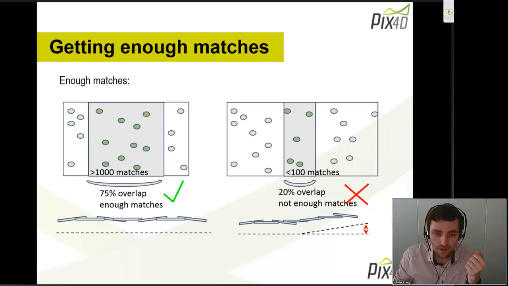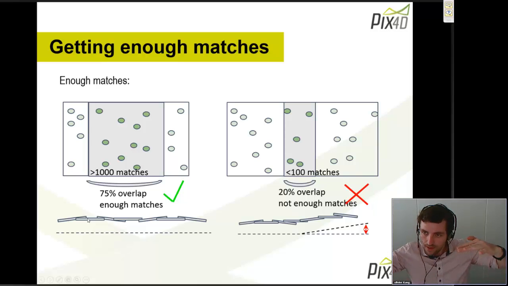And in addition, this would be a side view of a project. The images would match nicely to each other, and you would have almost no error accumulation. Error accumulation is, let's see in the second example on the right, for example, if your images didn't have a lot of overlap, there would be only a few points which would tie these two images together.